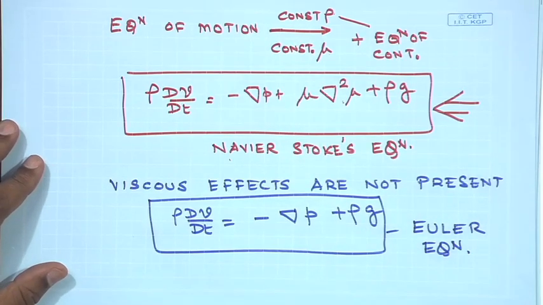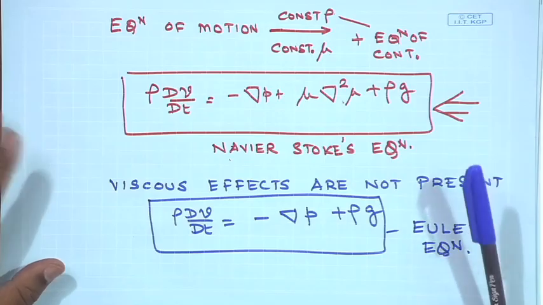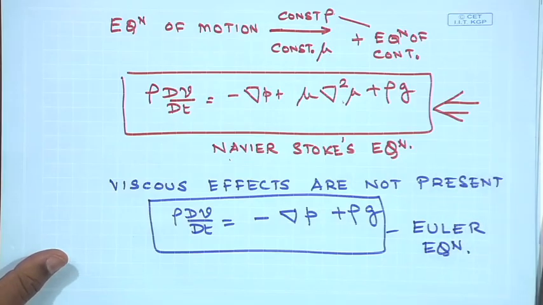So, what we have done in this class and the previous class is introduce the concept of different derivatives and the equation of continuity. We have seen what the equation of motion is.